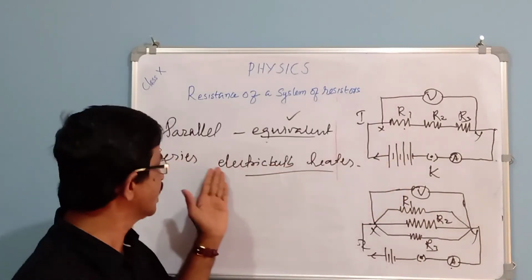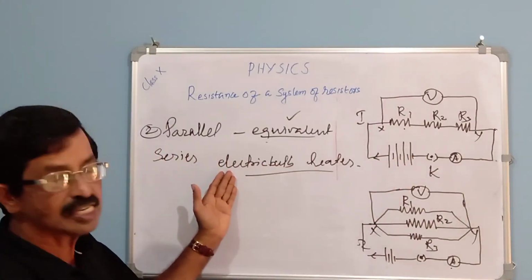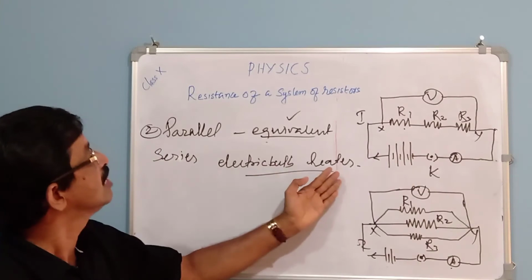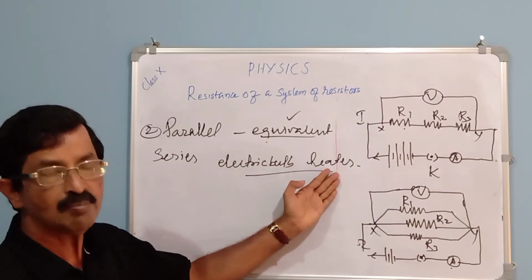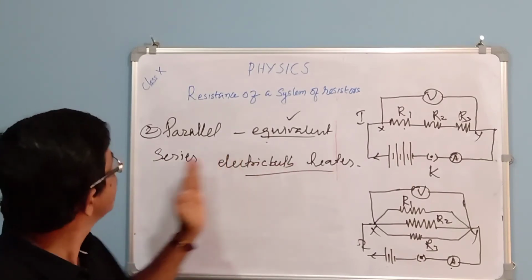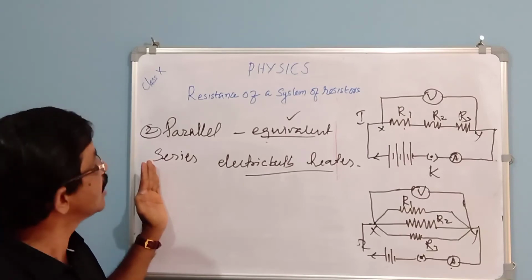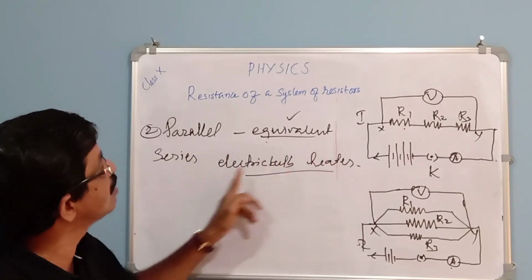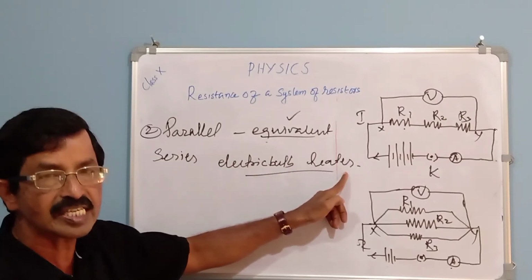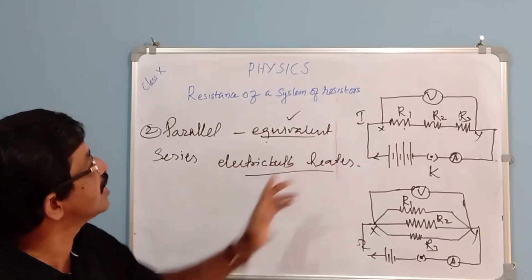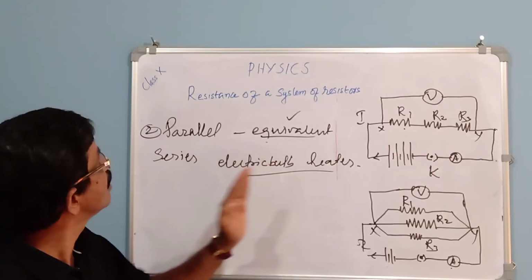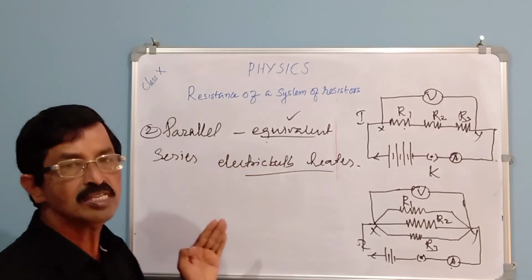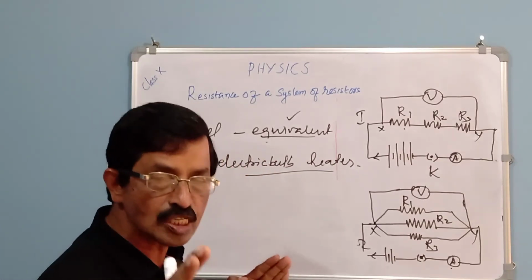Because here it requires some point something ampere current, but here it requires some 2 or 3 ampere current. So when they are connected in series, the current through them will be the same. So we cannot connect an electric bulb and electric heater in series because the current through the circuit is the same, so they cannot work at their own power.